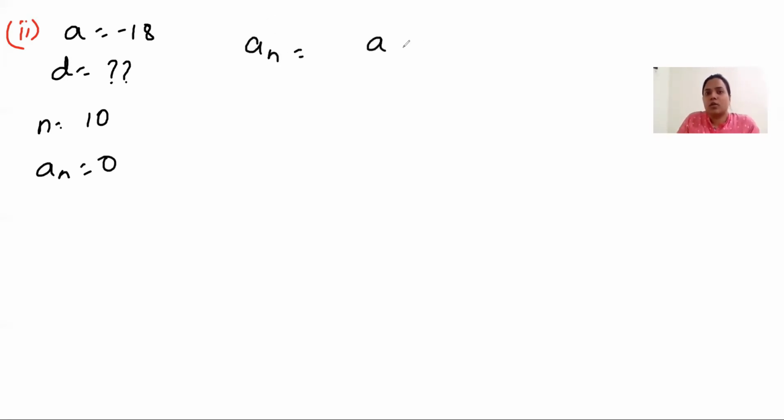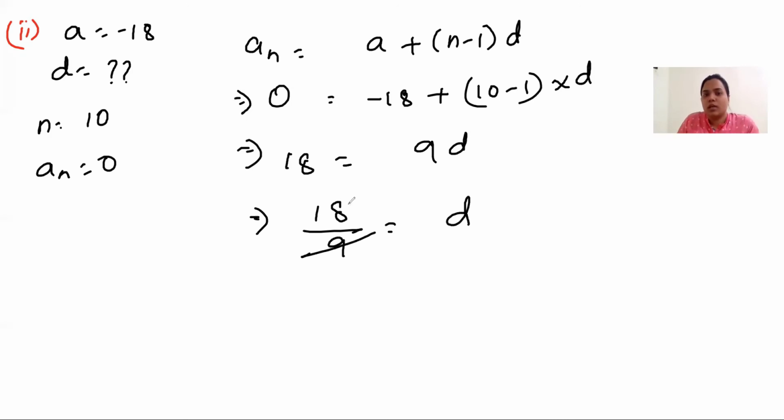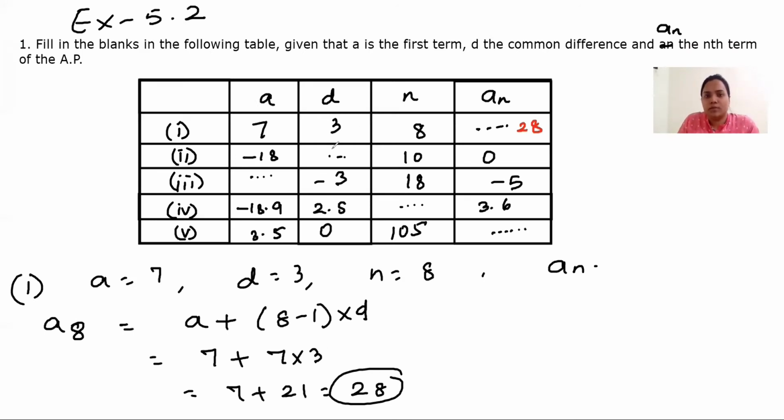That is an is equal to a plus n minus 1 d. an is 0 is equal to minus 18 plus 10 minus 1 into d. We have to find d. This 18 will come this side. This will become plus 18. 18 is equal to 9d, implies that 18 by 9 is equal to d. 9 2s are 18, therefore d is equal to 2. I can fill this 2 over here. In this case, we got d as 2.